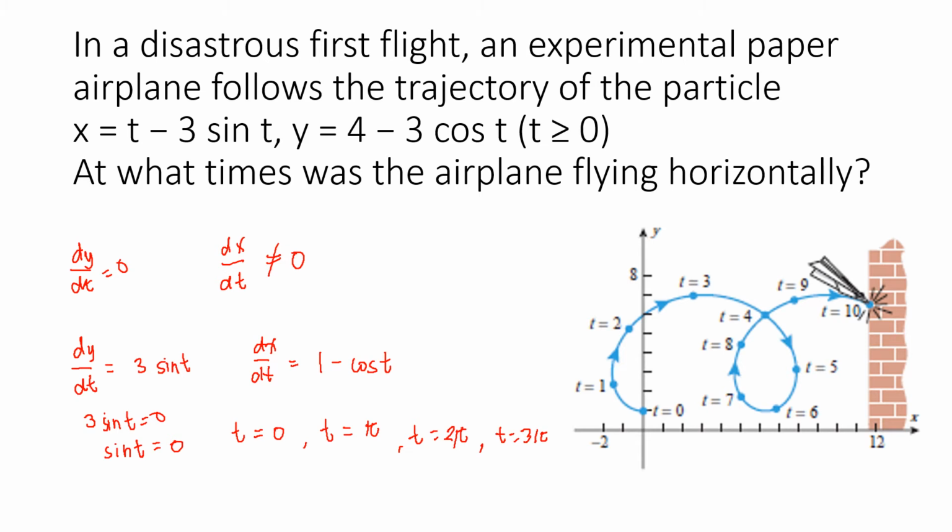So the airplane was flying horizontally at t equals 0, t approximately 3.14 since pi, t approximately 6.28 since 2 pi, and t approximately 9.42. Those are the times when the airplane flew horizontally.